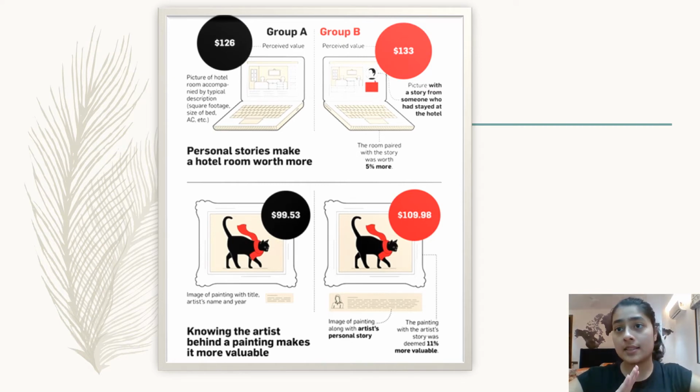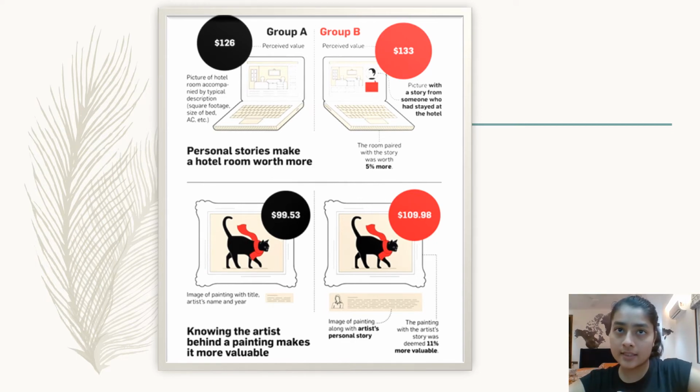However, when the same item is put in group B, we attach a personal story to that hotel room. When the customer reads it, he gets a more enhanced, better view of that hotel room, and the same hotel room was sold for $133. The same room. The only difference here was the personal story.